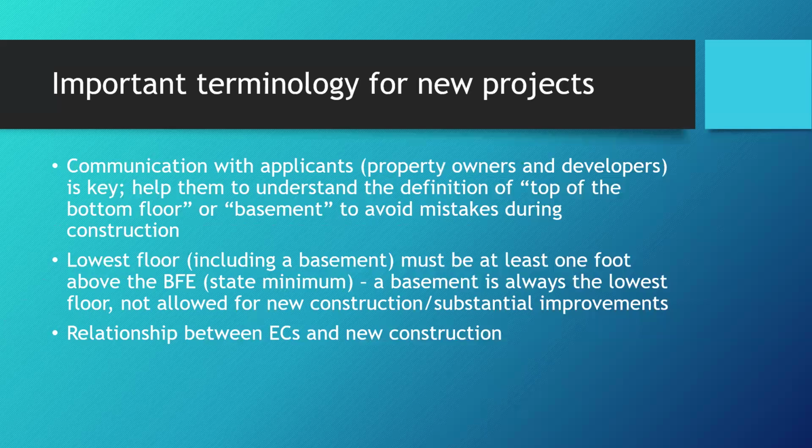So this is kind of the relationship between elevation certificates and new construction. We have to understand what the lowest floor is for a structure based on what type of foundation it has. And the details in the elevation certificate will tell us which one is the lowest floor.